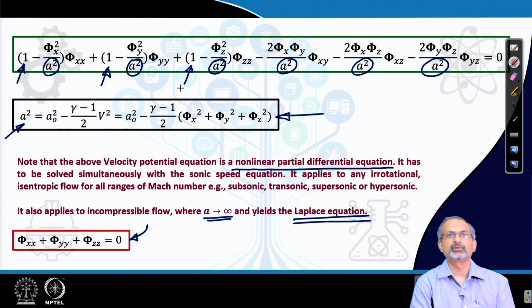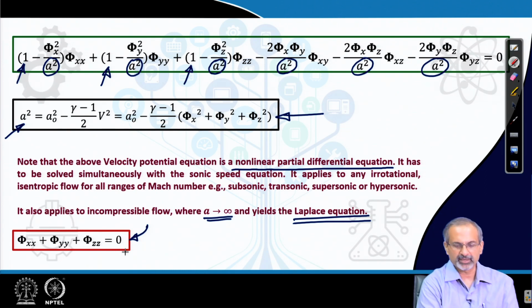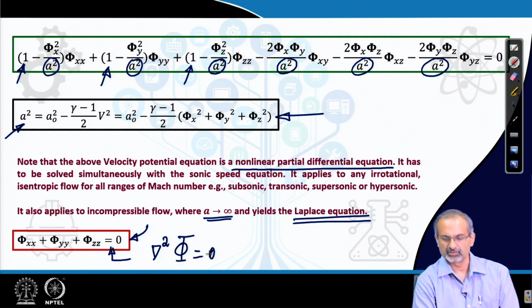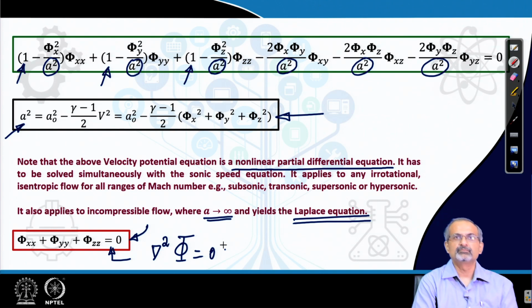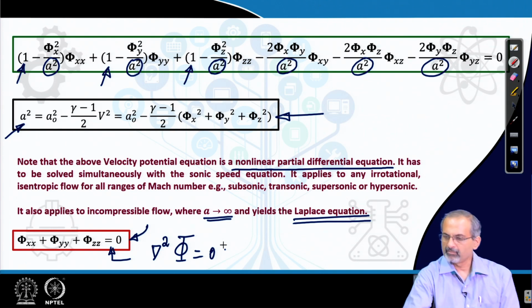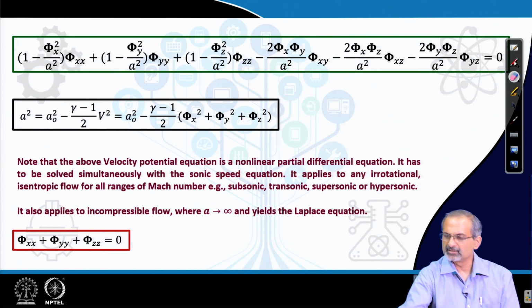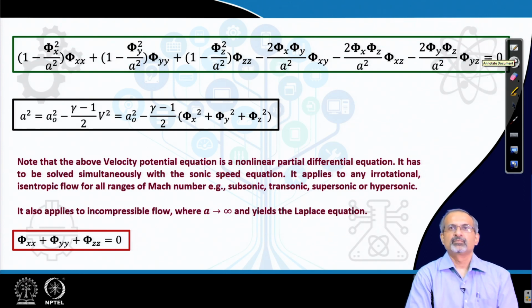The rest of the terms will all vanish, and therefore, you get back the sum of the second spatial derivatives in phi, which is Laplacian capital phi equal to 0. So, this is a bit of an introduction to the velocity potential equation.